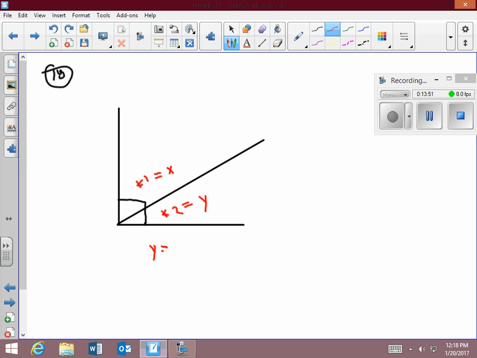So angle 2, so let's see. This angle 1 equals twice angle 2 minus 14 degrees, right? And then 1 plus 2 is 90 degrees, right?